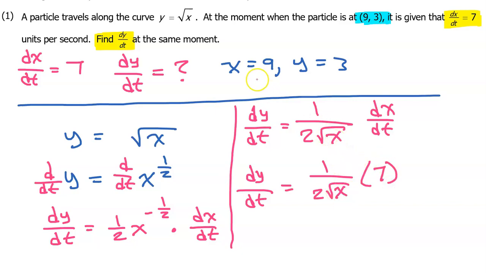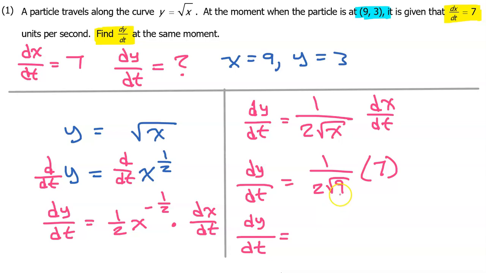Oh yeah, we're also given x is 9. So let's make that substitution as well. The square root of 9 is 3. 3 times 2 is 6. So we will have 7 over 6. And this will be units per second.